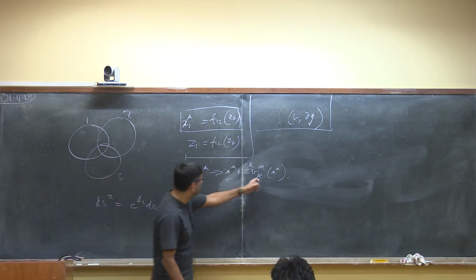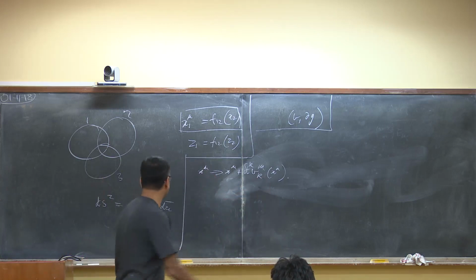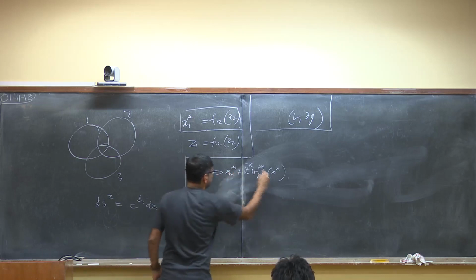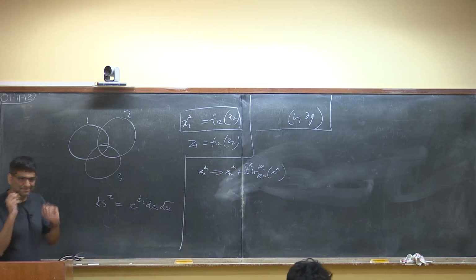And he puts another index saying on which patch we're doing it. We'll put that later. We're dealing with the mth patch, so he has x m mu. It's a bit cumbersome, so I may sometimes omit the m when it's clear.